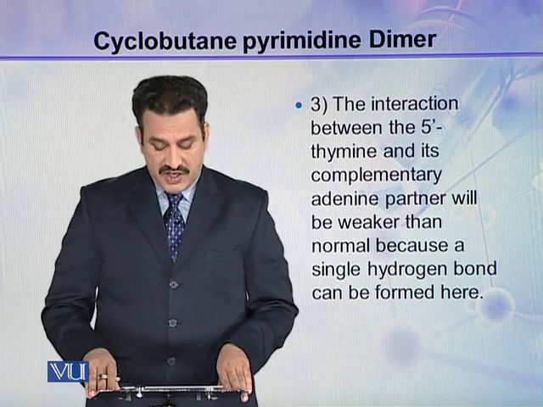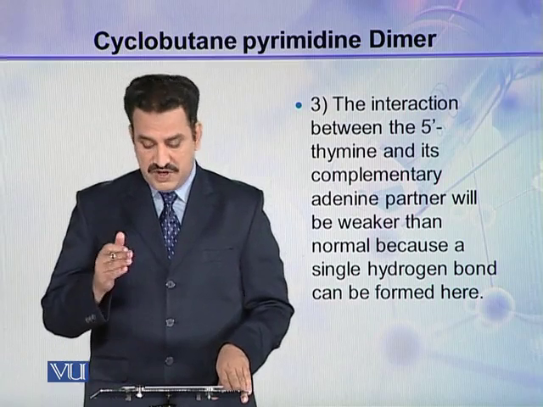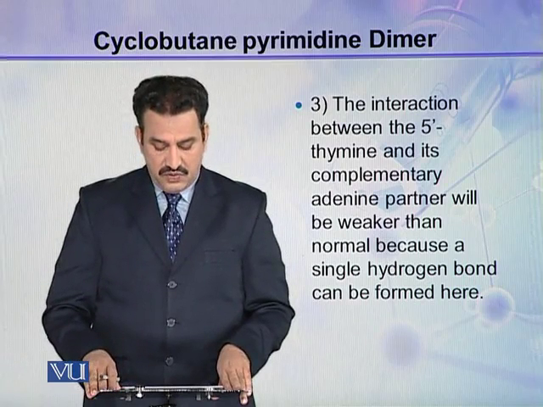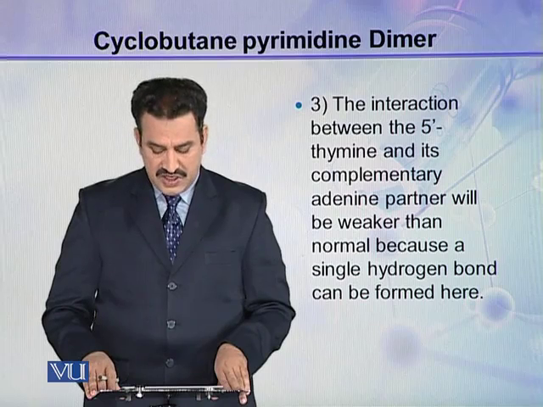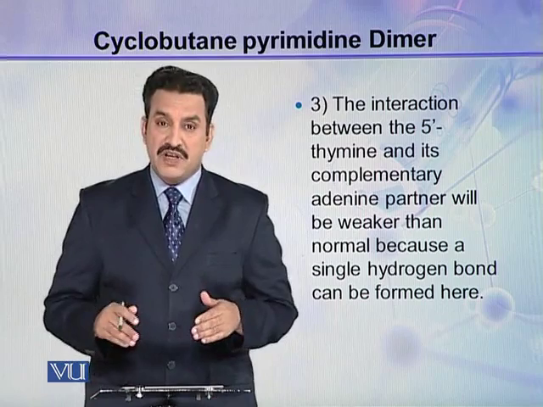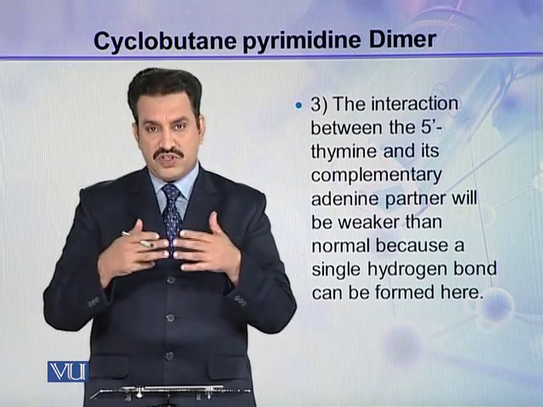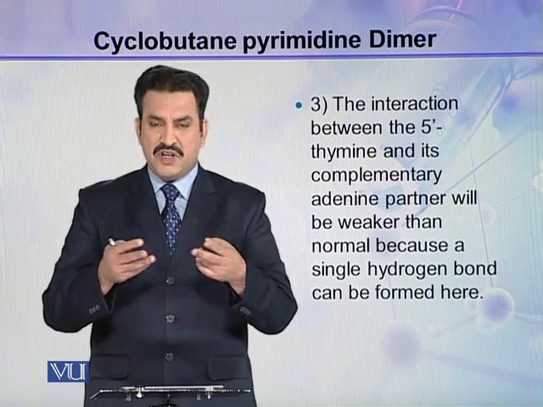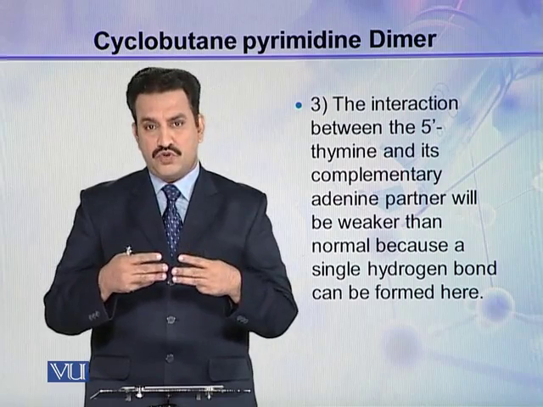While the interaction between the 5' thymine and its complementary adenine partner will be weaker than normal because only a single hydrogen bond can be formed here. Normally between adenine and thymine, 2 hydrogen bonds are formed. Similarly, between guanine and cytosine, 3 hydrogen bonds are formed.